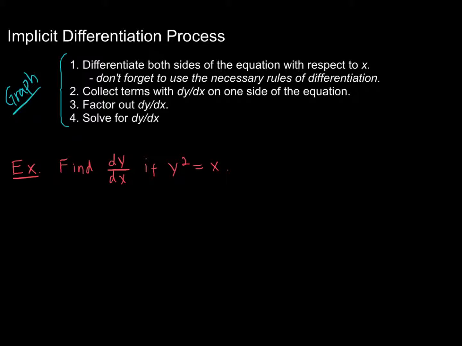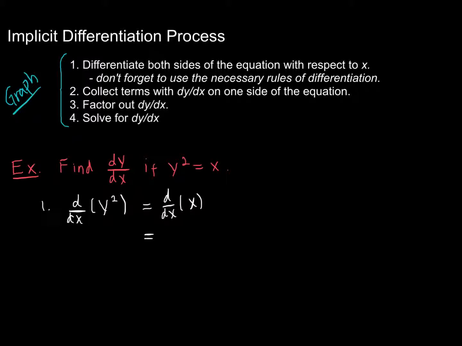All right, so I'm going to follow my process here. I have y defined implicitly. I haven't solved for y, and so I'm going to use implicit differentiation. I'm going to differentiate with respect to x on both sides. Now, the derivative of x with respect to x, very simple.